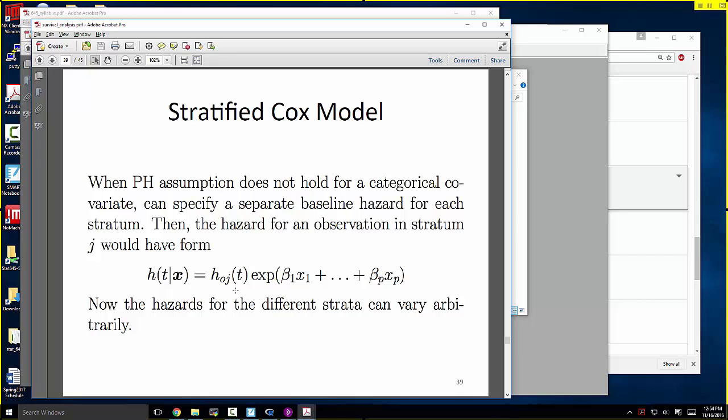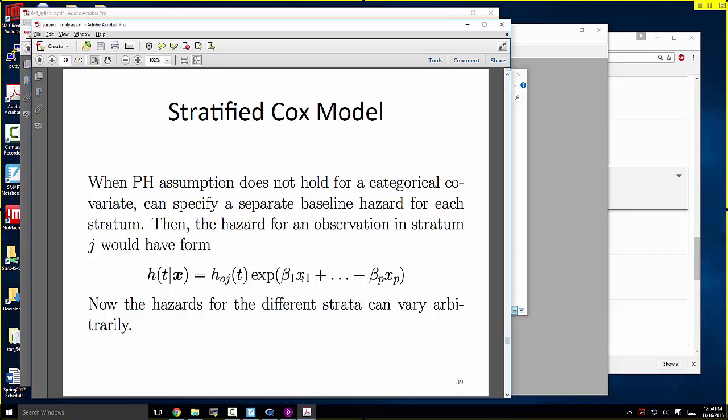So imagine that we're looking at survival time as modeled in terms of some covariates, x1 through xp, and suppose that one of these x's is categorical and that we have evidence of non-proportional hazards with respect to that covariate.